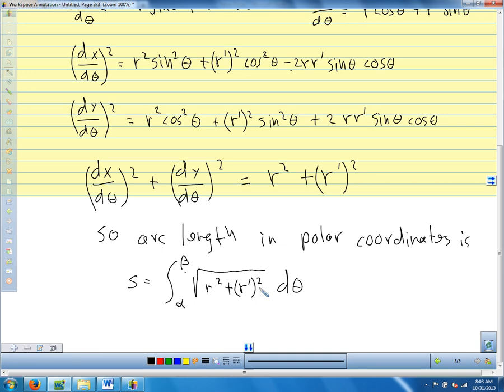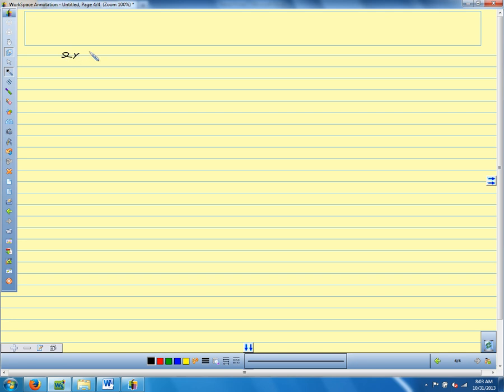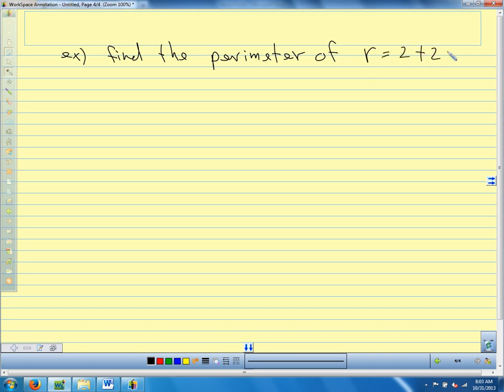So what I want to do next is find the perimeter of our favorite cardioid. Our favorite, we've used it a lot. The one we've been using is r equals 2 plus 2 cosine theta.